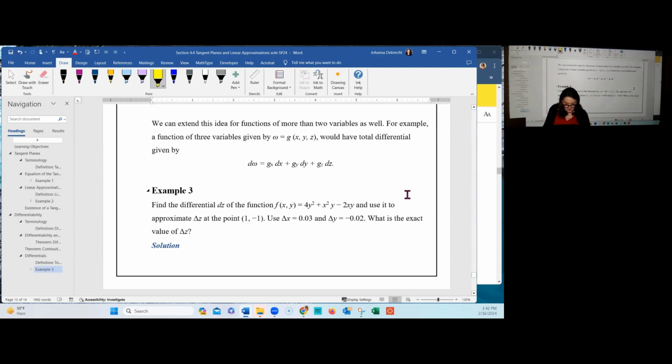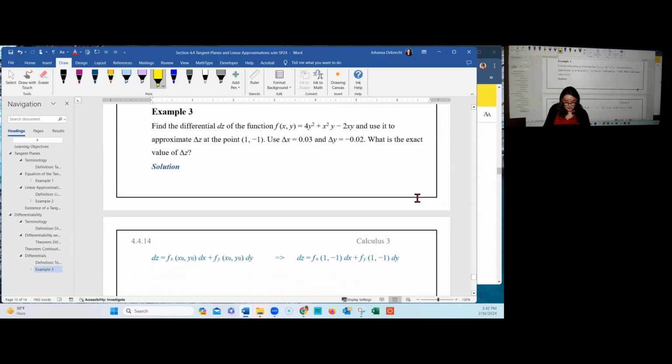Let's look at our last example, number 3. We want to find the total differential dz of the function given by 4y squared plus x squared y minus 2xy. And we want to use it to approximate delta z, the true change in the z values at the point 1, -1. We're told that we're wanting to move over in delta x by 0.03 and delta y by -0.02.